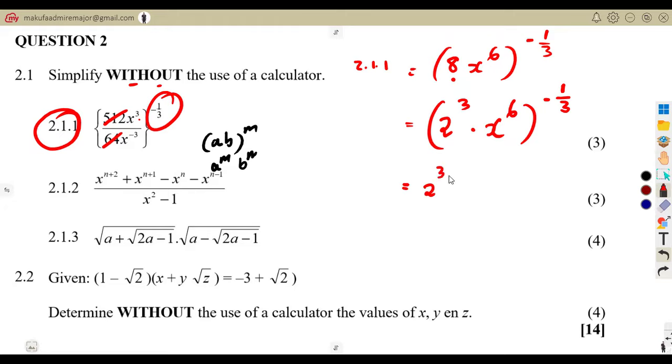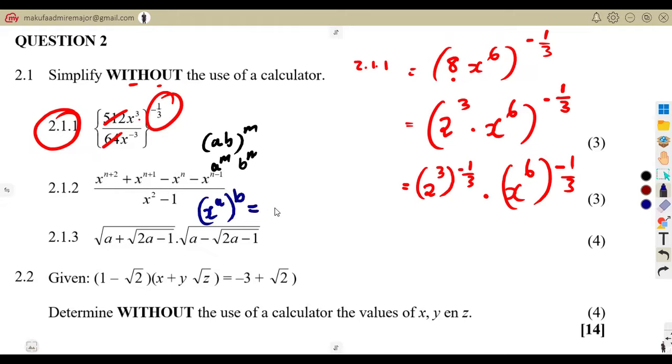So meaning to say that's 2 to the exponent of 3, to the exponent of minus 1 over 3, times x to the exponent of 6, to the exponent of minus 1 over 3. x to the exponent of a to the exponent of b is the same as x to the exponent of what?